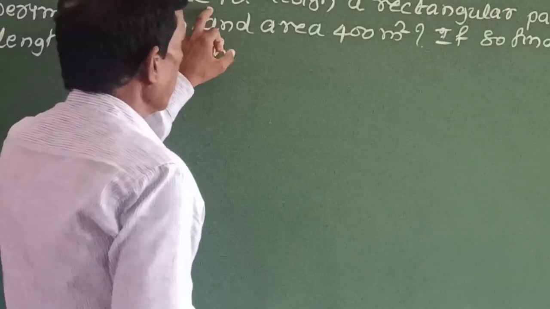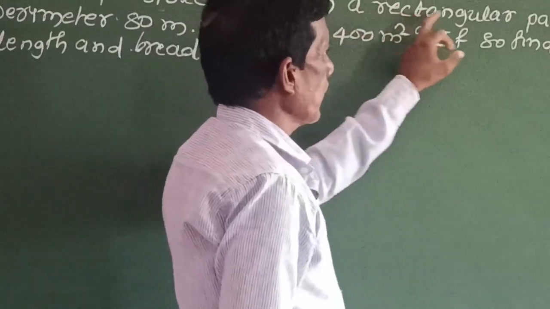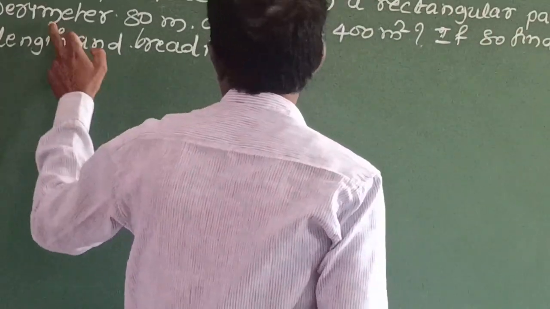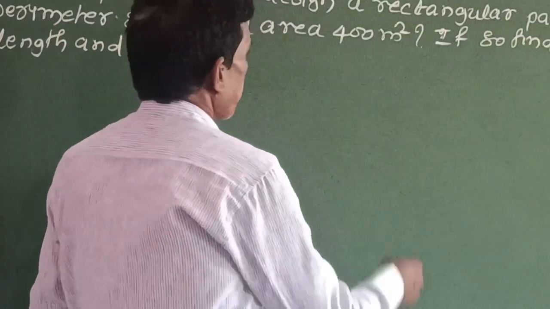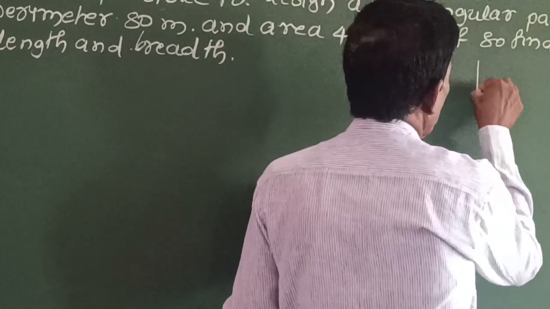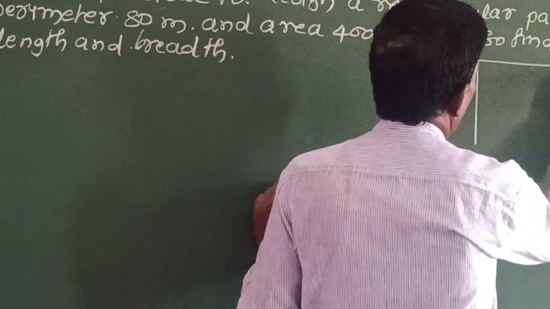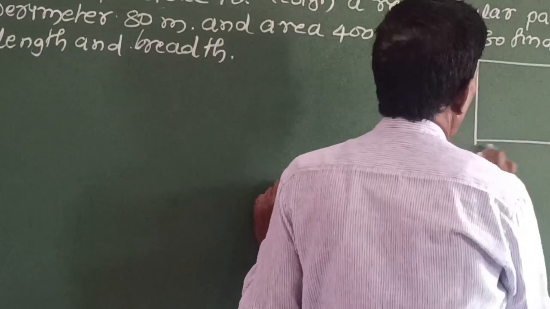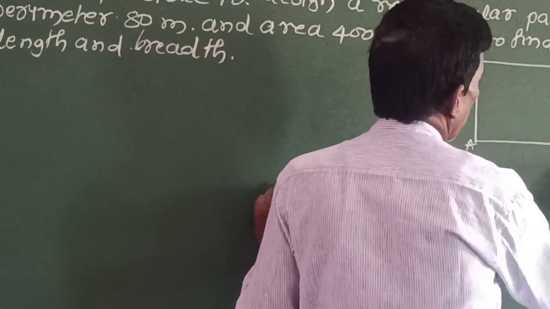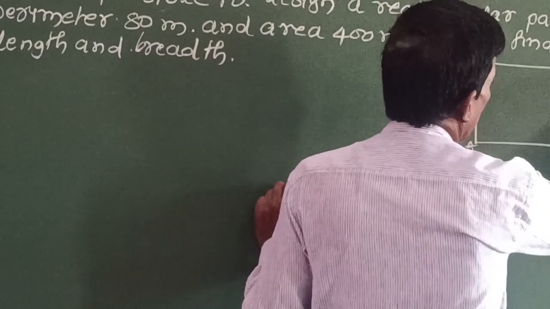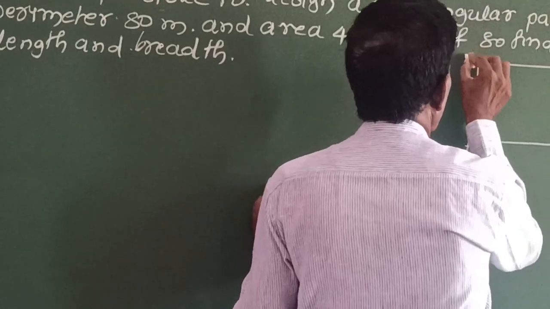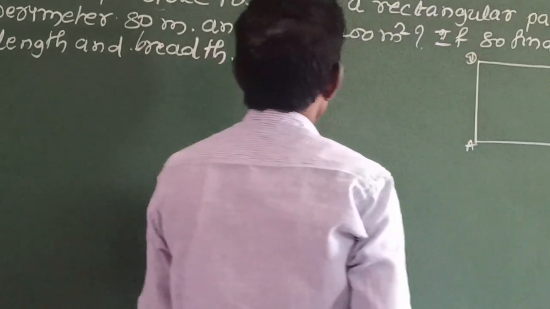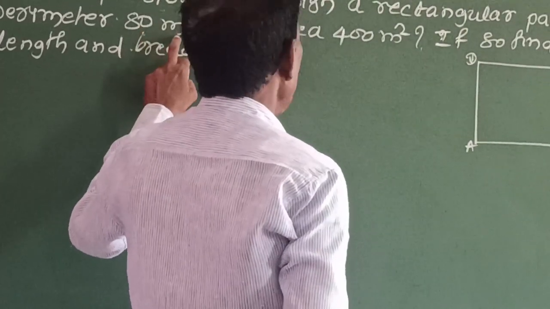Is it possible to design a rectangular park of perimeter 80 meter? So take a rectangular park ABCD with a perimeter of 80 meter.